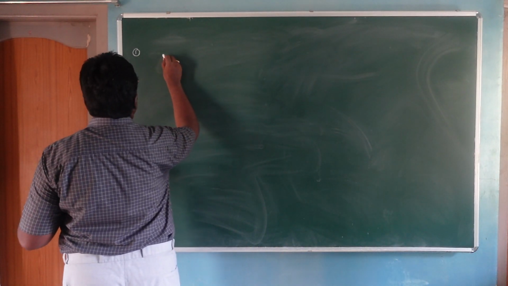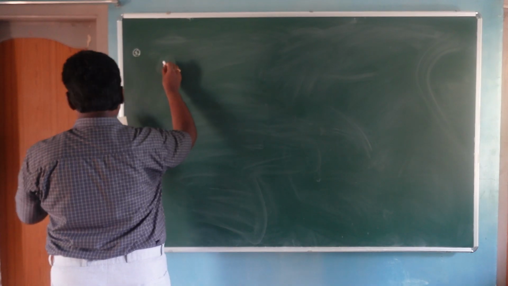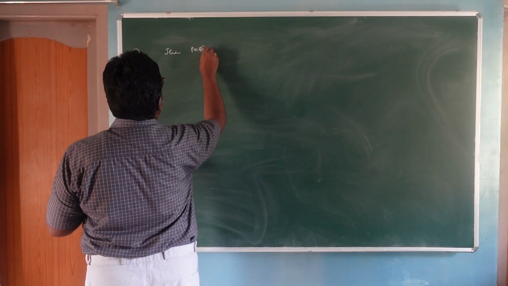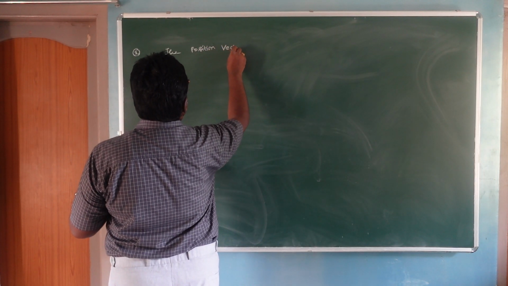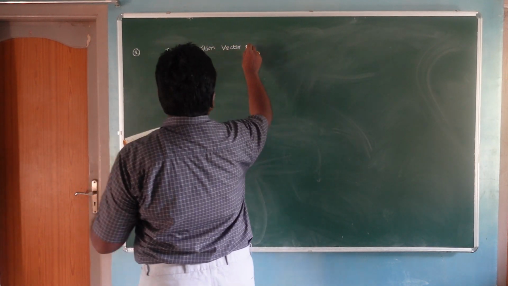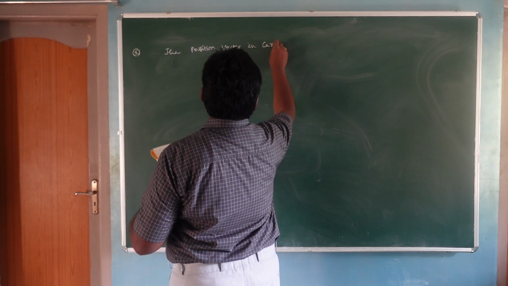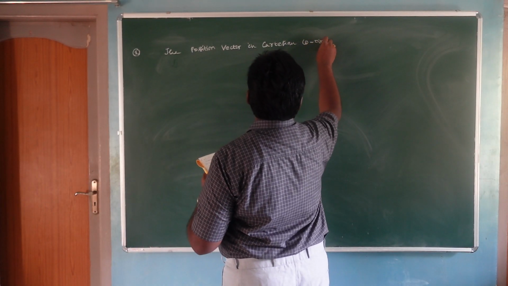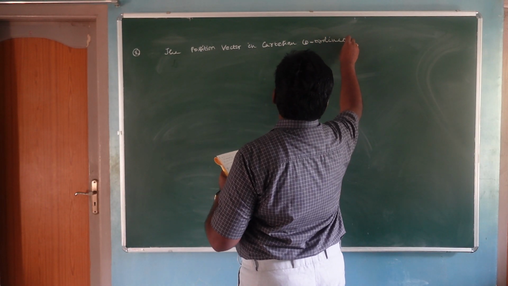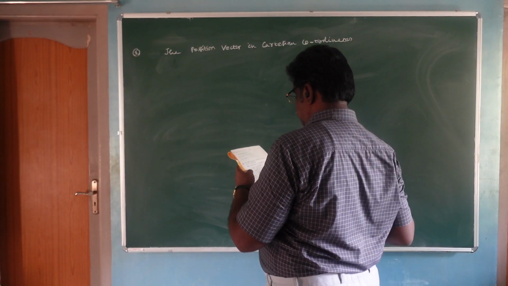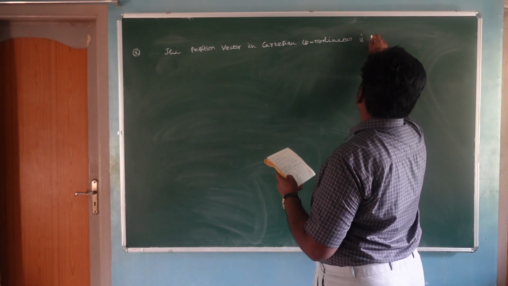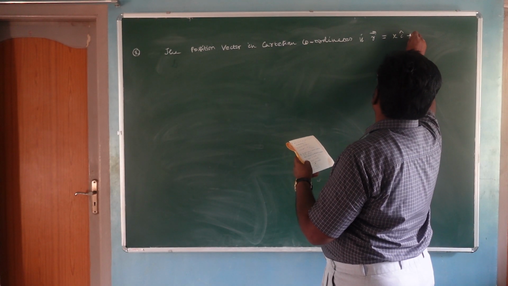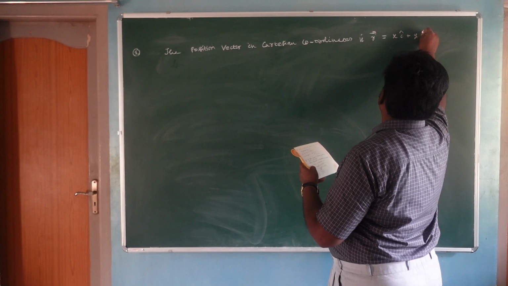Problem number 2. The position vector in Cartesian coordinates is r equal to xi plus yj.